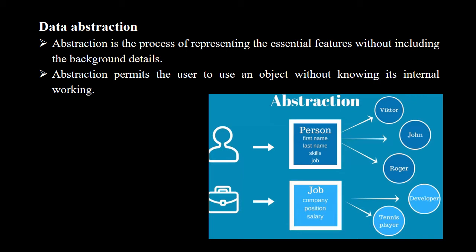For example, consider a DVD player. It has a complex logic inside and few buttons outside. You just press the play button. You don't care what has happened inside the player. All those complexity is hidden from you. That is called data abstraction.